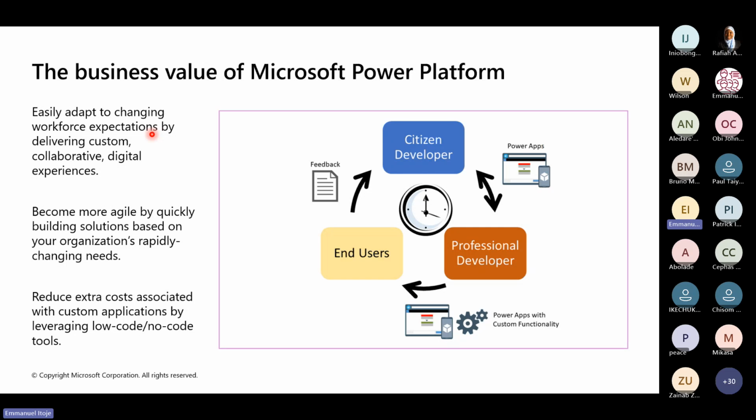And this can be done by citizen developers or power users as part of the development process lifecycle. This can create what we call a hybrid development team that empowers the entire organization to grow. So these are some of the value that Microsoft Power Platform brings to the table for us.